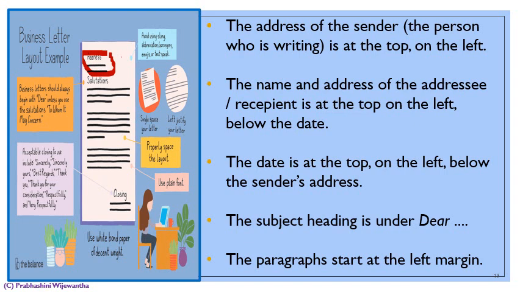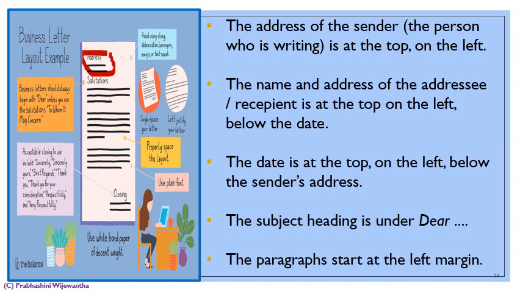After mentioning the sender's address, next you mention the name and address of the addressee. Earlier you mentioned only the sender's address; here you mention both the name and address. Who is the addressee? The recipient or reader of the letter.